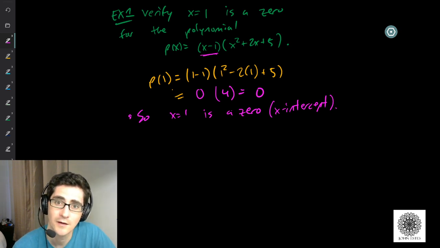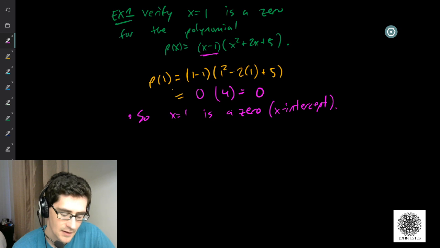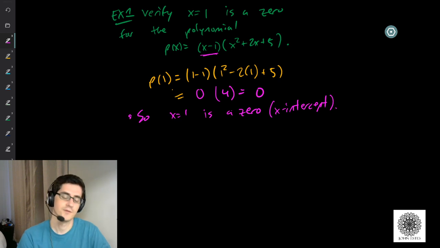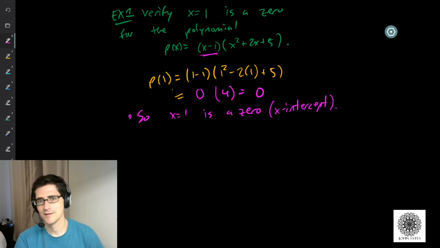If I plug in the value 1 for x, I get 1 minus 1, which is 0, times 1 squared plus 2 times 1 plus 5, which becomes 8. 0 times 8 is 0. So when I plug in the value 1, I get an output of 0. That means x equals 1 is a zero, or an x-intercept, for this polynomial.